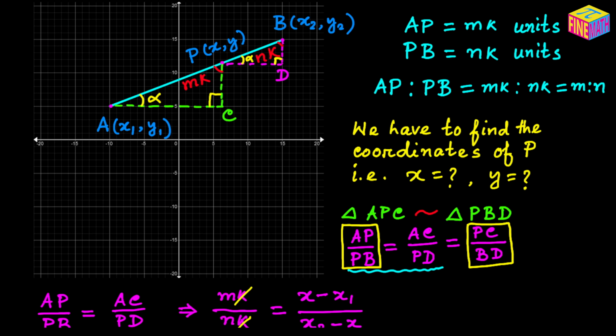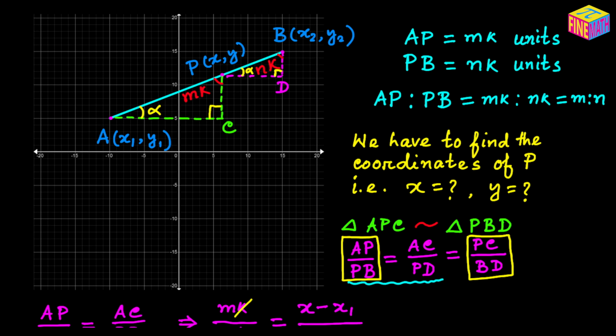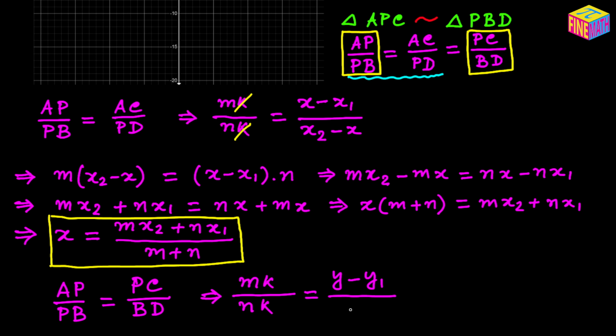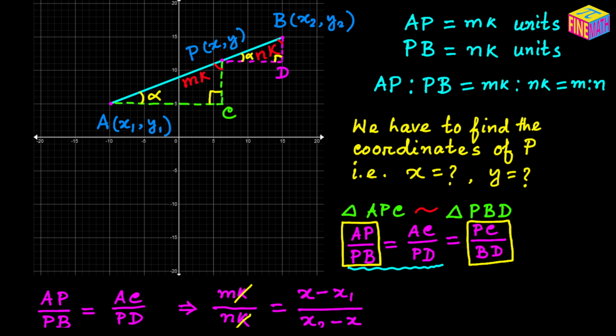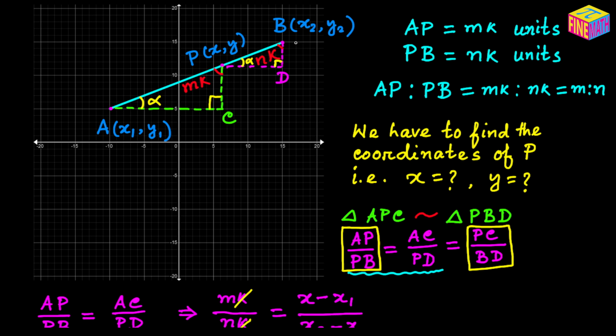So that will be y minus y sub 1. And the length of BD will be the difference between y sub 2 and y, because this much height is y and the total height is y sub 2, so this little difference, the BD length, will be y sub 2 minus y.